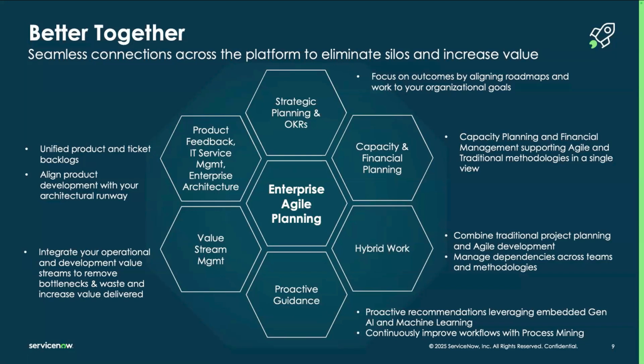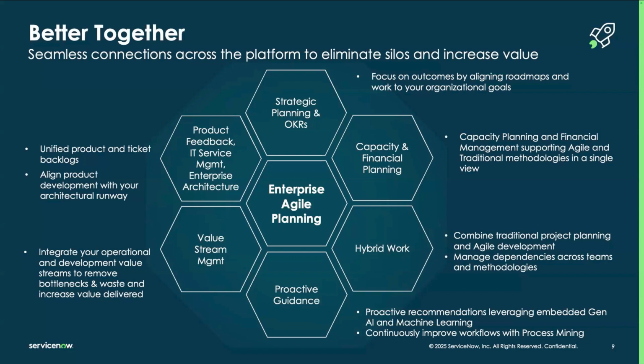One area that we're looking at right now is around hybrid work, which we're not going to get into today. We'll focus on EAP, but that's where you're combining traditional project planning and agile development. So that's something of interest to us, and in the future, feel free to reach out to us if that's something high on your list of priorities.